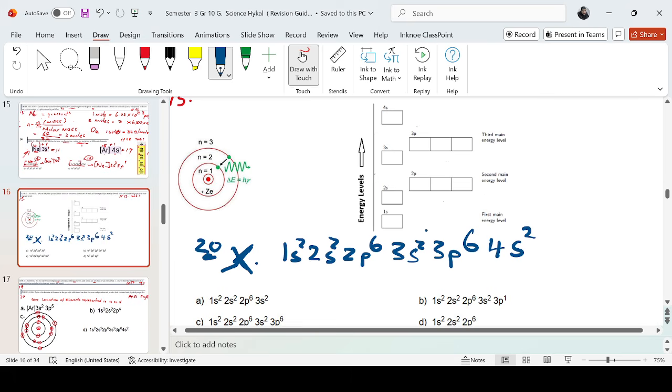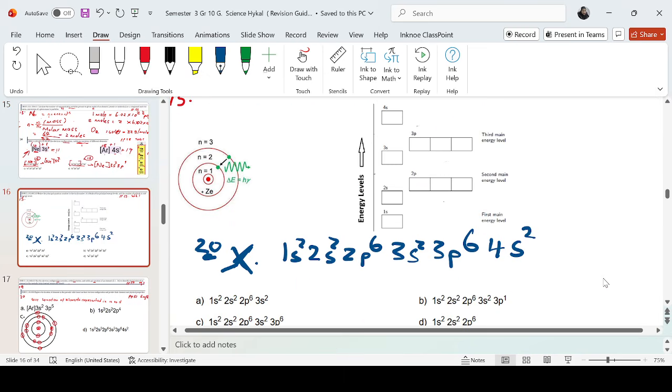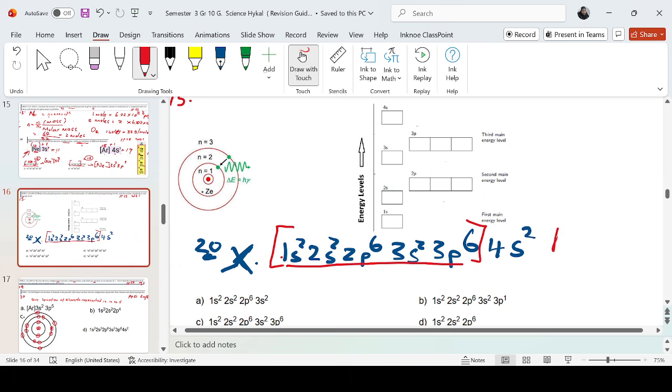We go back to the periodic table. Which one is close to 20? It's argon with 18. So instead of writing all this long arrangement, I will take 18 electrons. Up to here, it's argon, so I will write argon.